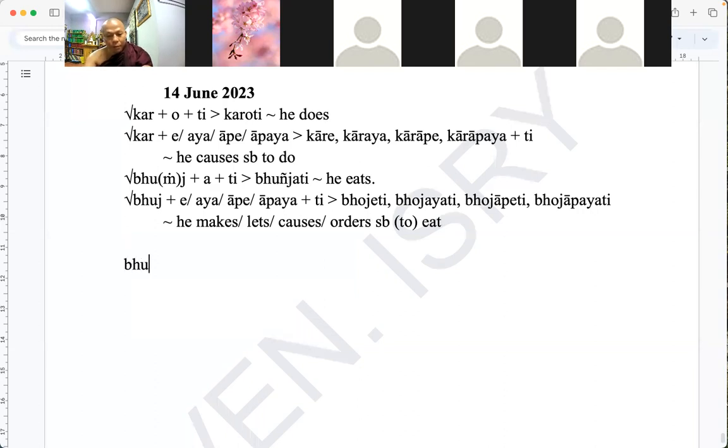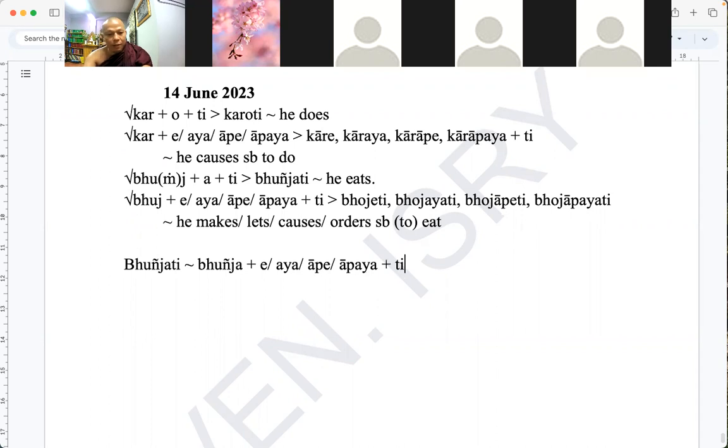The present verb here is bhunjati, with no. So from that we take the bhunja, and add the e or aya or abe or abaya.